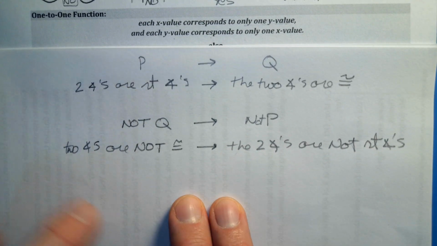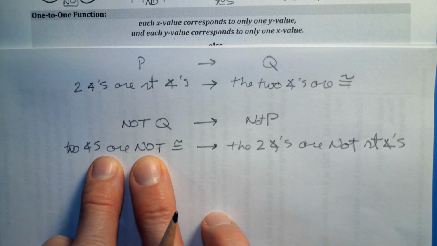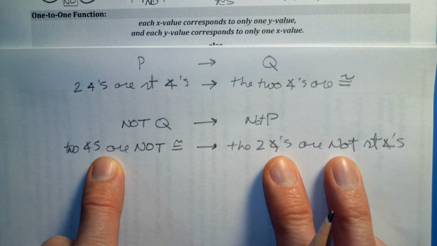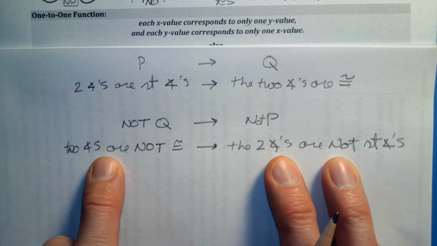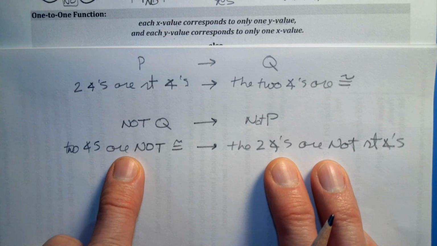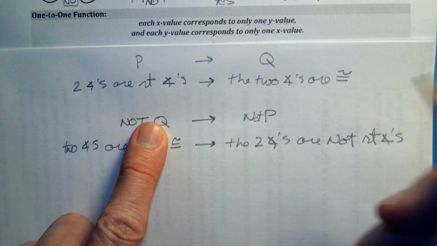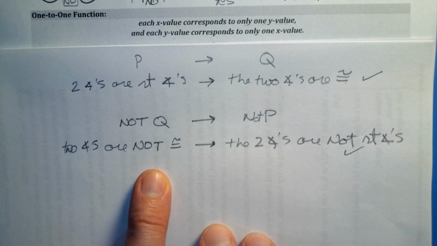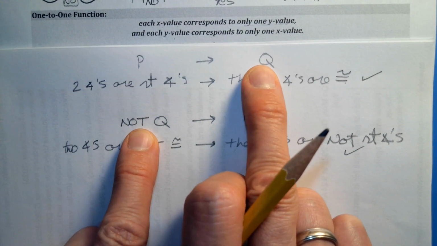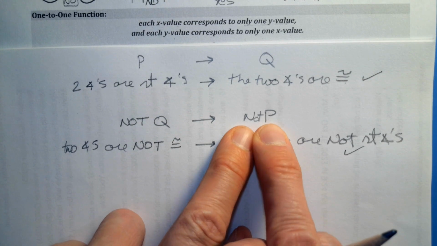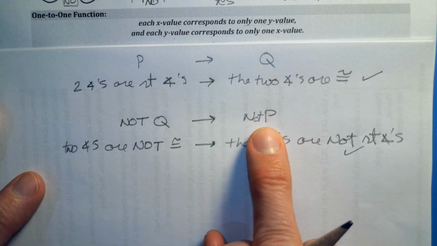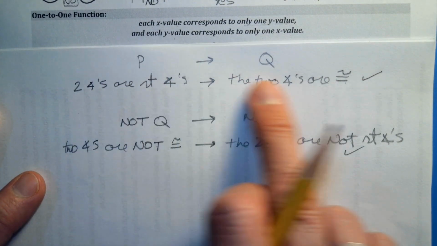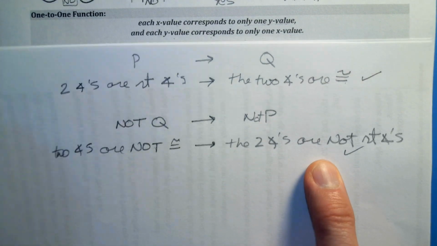And that's true, right? If two angles are not congruent, then they certainly can't both be right angles. So that is a contrapositive. And so if this conditional is true, the contrapositive is also true. So not Q, the opposite of Q, will always give you the opposite of P for sure. If the conditional is true, the contrapositive is always true.